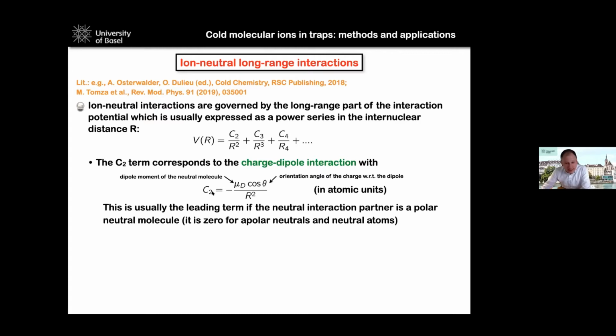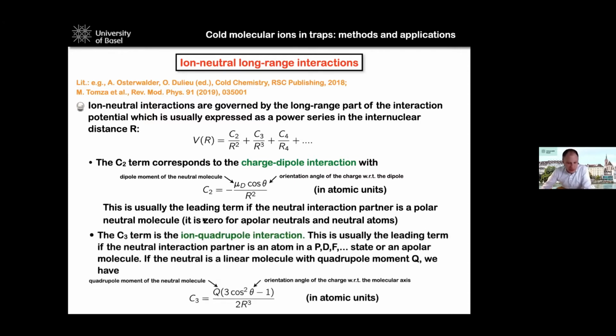And in this case, the C2 coefficient assumes this form. So we have the dipole moment of the neutral molecule, and then there is, of course, an orientation dependence. If that is the charge, and that is the dipole moment, then of course it depends on how the dipole moment is oriented with respect to the charge. So this is the leading term if you have an interaction between an ion and a polar molecule.